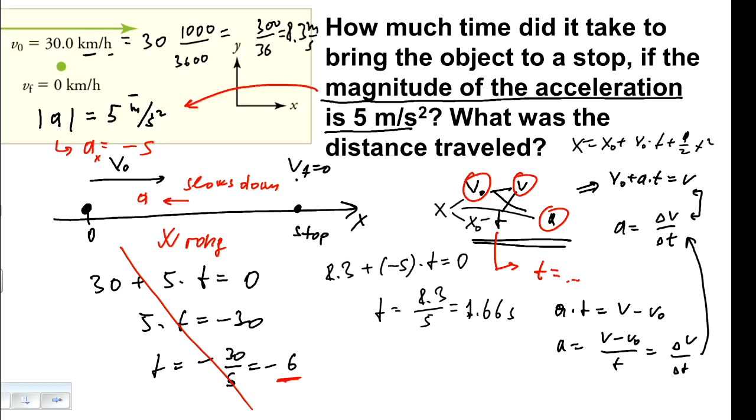So everything is connected, and now we can just use the numbers. 0 plus 8.3 times 1.66 plus, see, it's a plus. But the acceleration is negative, so we write -5/2 times 1.66 squared. And I'm not going to spend any time calculating this.